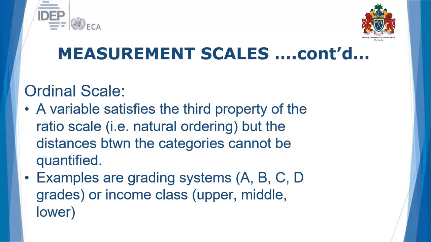Another example could be income class: upper, middle, or lower income, and many other similar examples that show the natural ordering. But beyond that, there's not much that we can compute in terms of ratios or the distances between them.